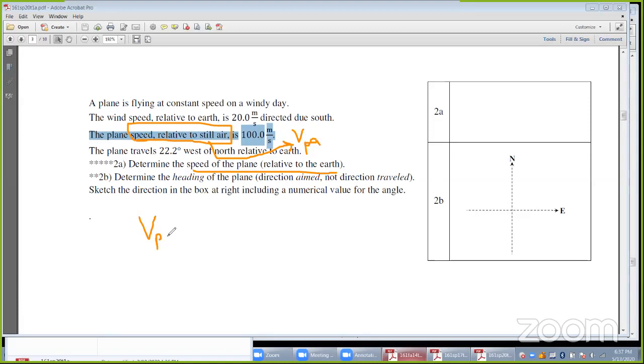Plane relative to Earth is equal to plane air velocity plus air Earth. And how do I know this? It's from this right here, the squeeze out, right? And that is probably okay, that part of it.